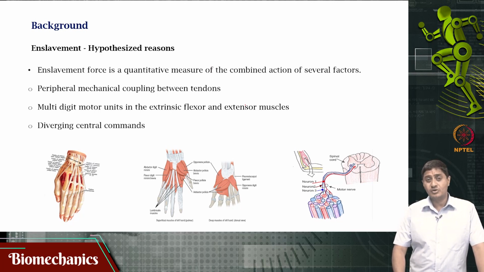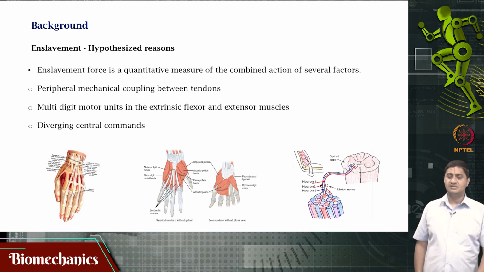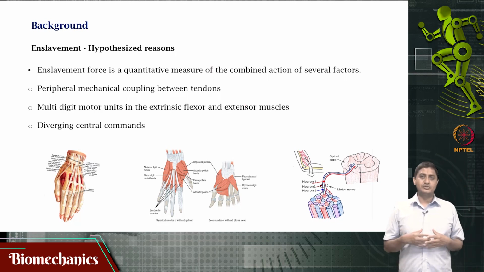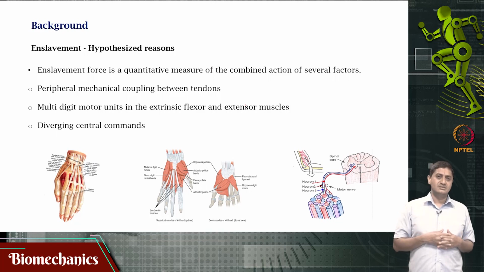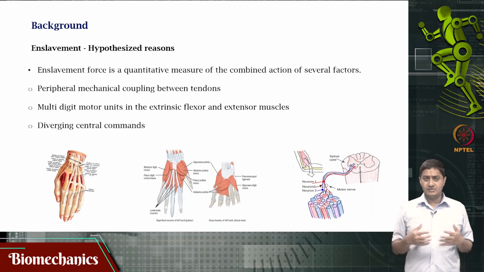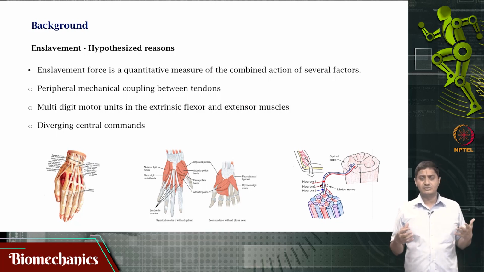One motor unit is the set of all muscle fibers that are connected to a particular motor neuron. Let us say there are 1000 muscle fibers under discussion, say 400 of them connect to the tendon that goes to the index finger, 300 to the middle finger, 200 to the ring finger, and 100 to the little finger, whichever way it is.